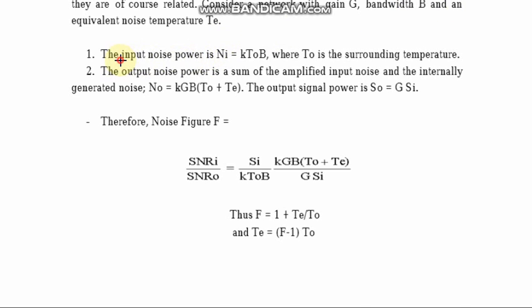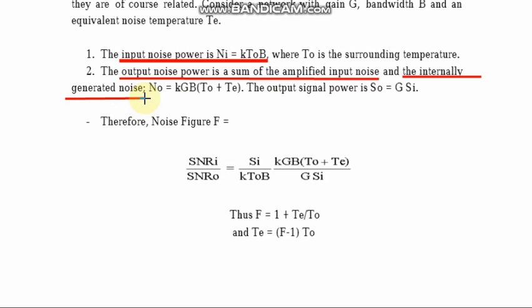So the input noise power is Ni equal to K T0 B, and the output noise power is the sum of the amplified input noise, that is, multiplied by G into Ni, plus the internally generated noise.